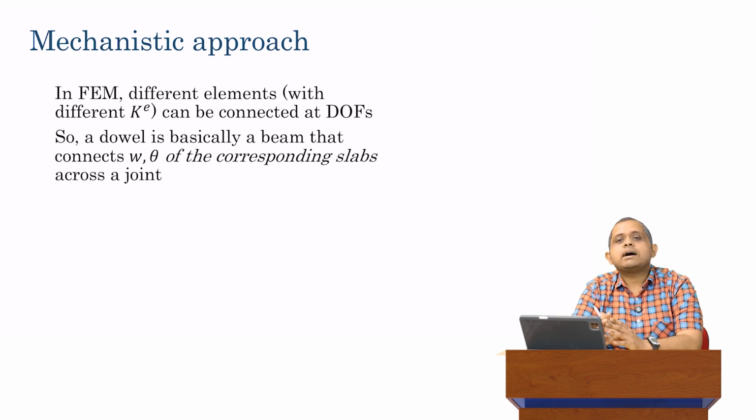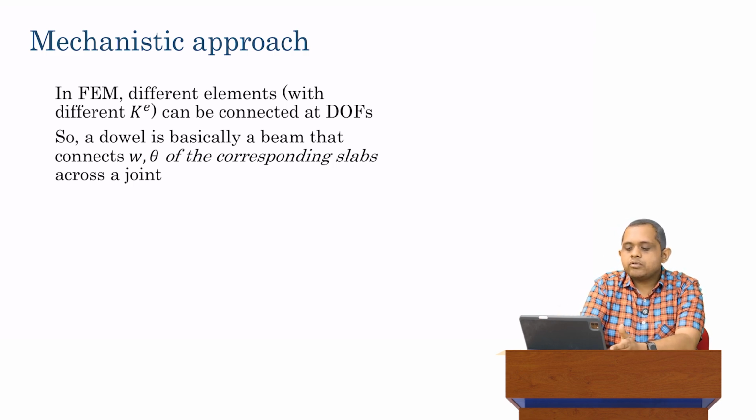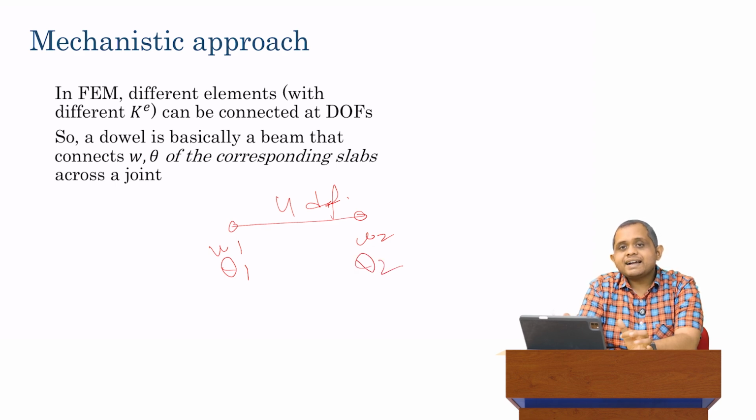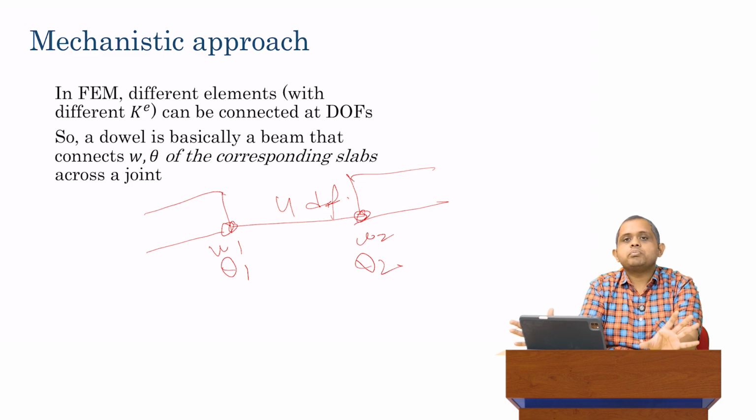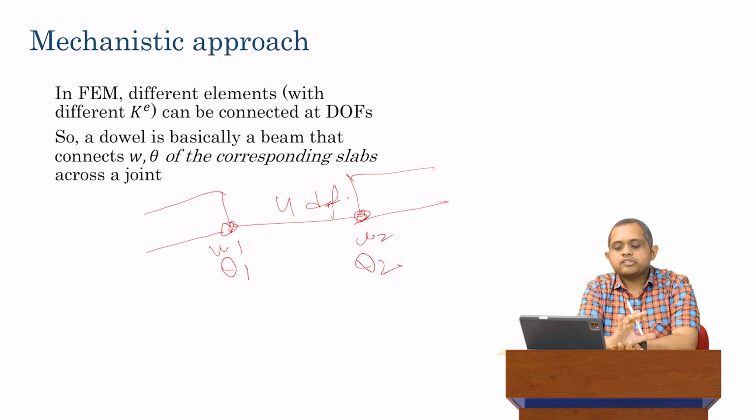But if we model a dowel bar as a beam, then basically our beam has 4 degrees of freedom, that was W1 theta 1 and then W2 theta 2. And then if these are attached to the slab on either side, so we have these slabs on either side, if these are attached to the corresponding nodes of the slab, and if we can put that into the global stiffness matrix, then we have successfully modeled a dowel bar as a beam.